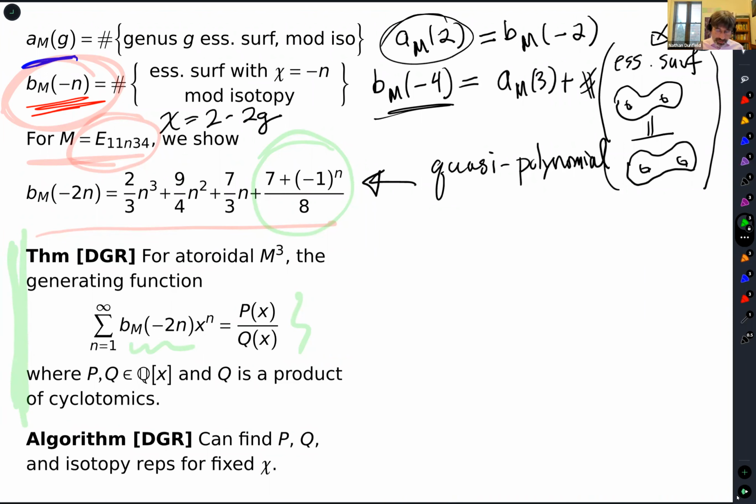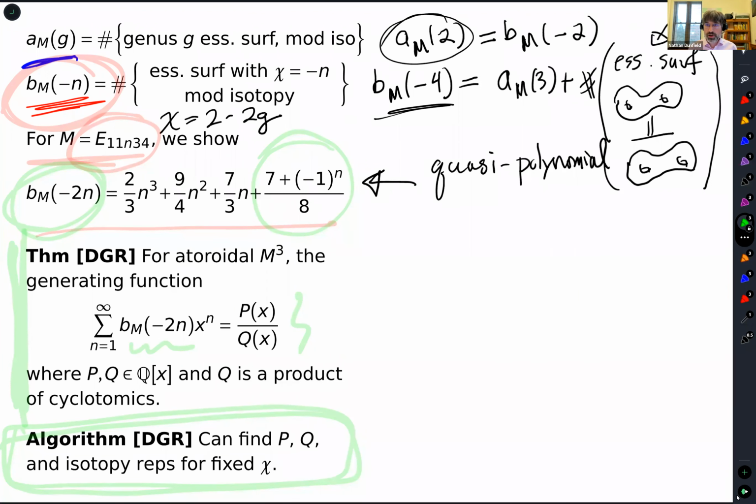But I should have probably just written that for any toroidal 3-manifold, this count is a quasi-polynomial. In fact, we do more than prove this abstract statement. We give an algorithm which, given a manifold, can compute the p and the q, can find the quasi-polynomial, and can also list the surfaces of any particular Euler characteristic.